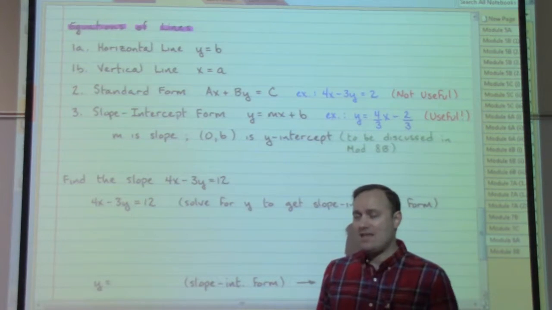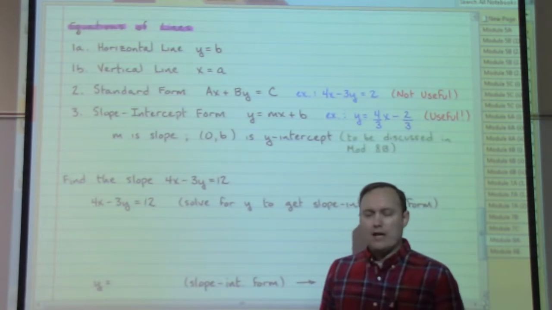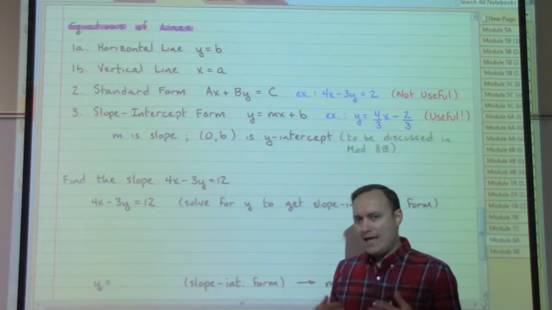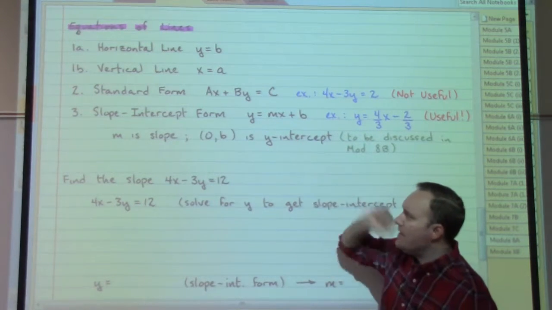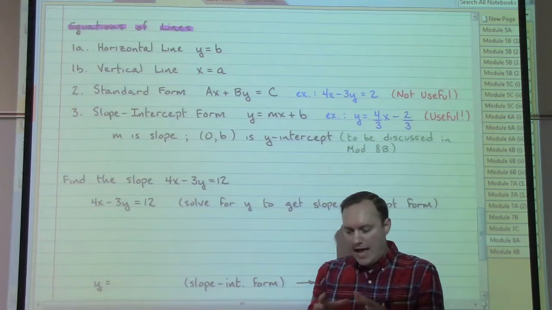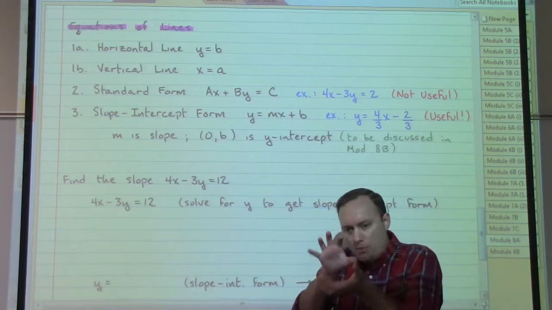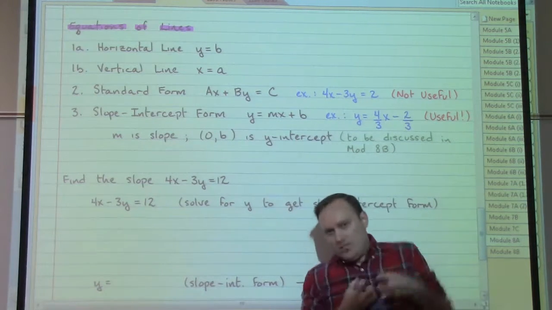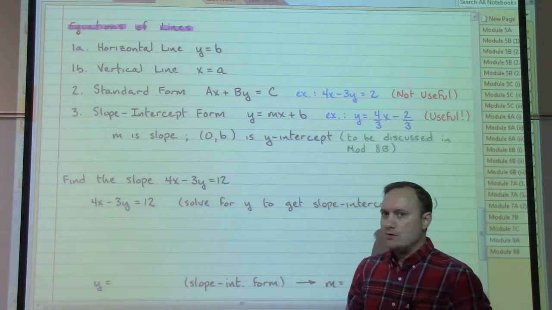It doesn't have anything helpful that makes our lives any easier as far as handling things with these equations. Instead, if we had an equation that had the slope actually as one of the components, that I could either put the slope in or pick the slope out, then that would make things much more useful.